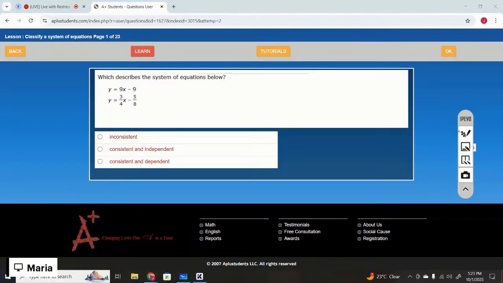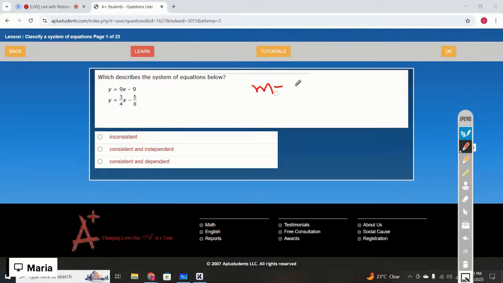So the slope for the equation number 1 is 9 and the y-intercept is negative 9. For the second equation, the slope is 3 by 4 and the y-intercept is negative 5 over 8.